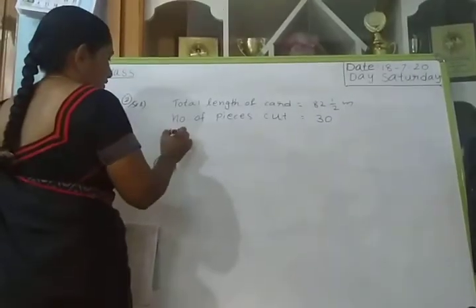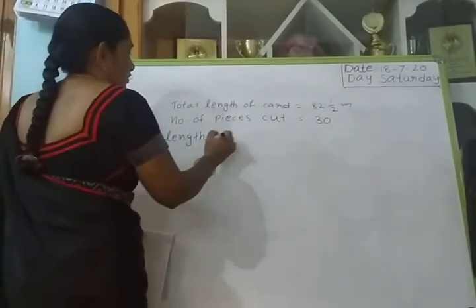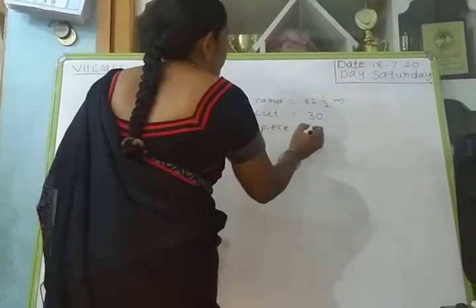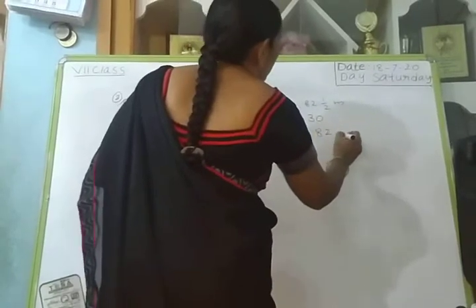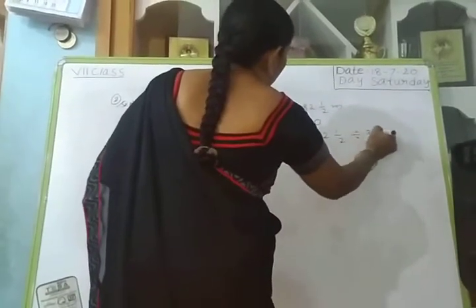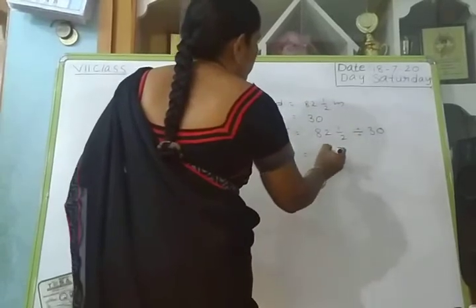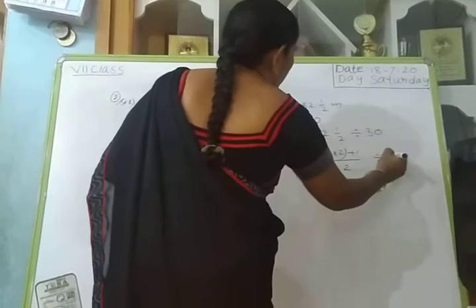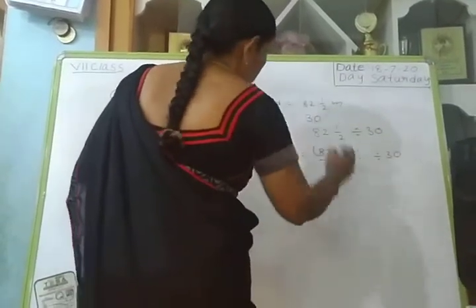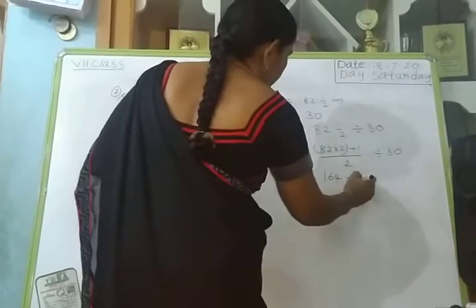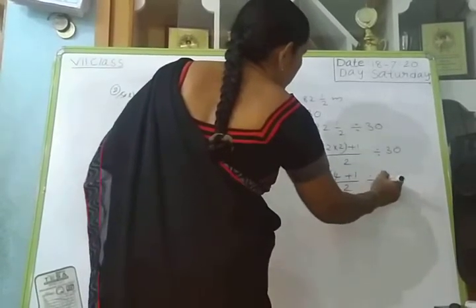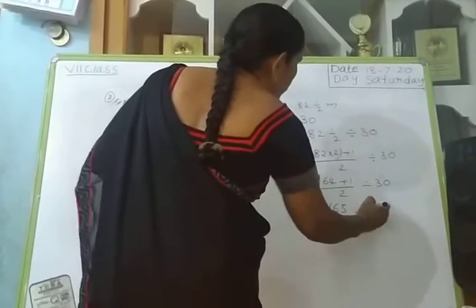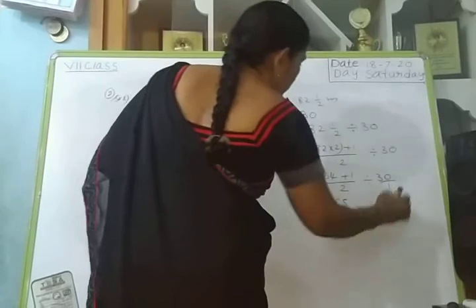So therefore, the length of each piece. What do we have to do? Total length divided by number of pieces. So convert the mixed fraction into an improper fraction. What will you get? 2 2s are 4, 2 8s are 16. 165 by 2 divided by 30, so into reciprocal 1 by 30.